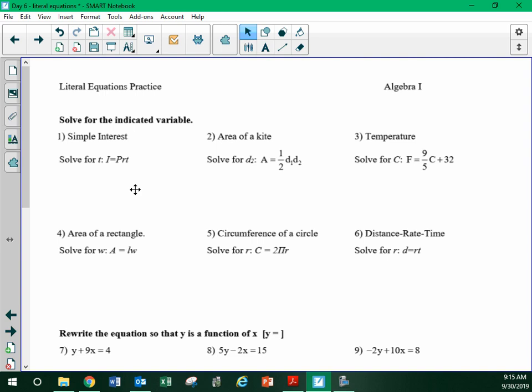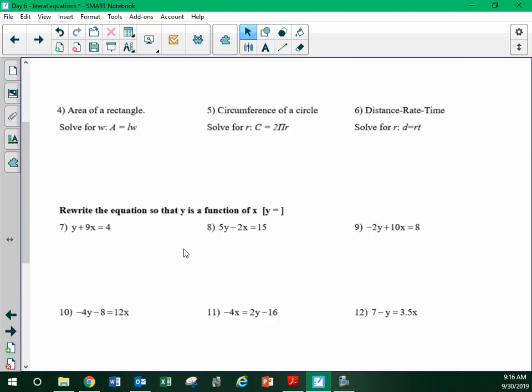All right, guys, so everyone should have the literal equations practice. Is there anyone that did not get one? You'll notice on the front side, they actually tell you what these represent. Area of a kite, that's something we do in geometry. Circumference of a circle. Now, for number 5, real quick, I feel like it's written kind of funny.